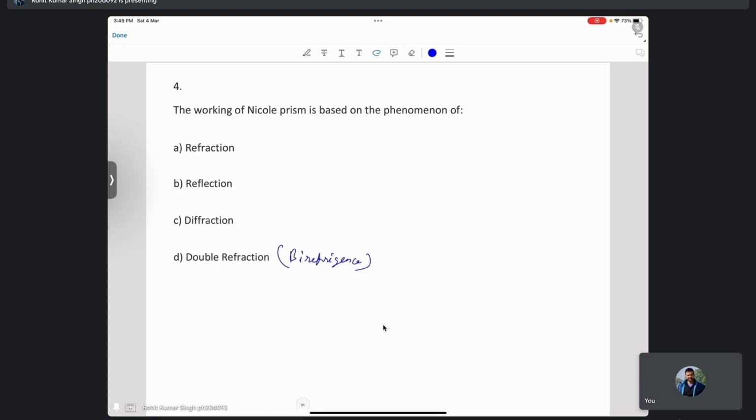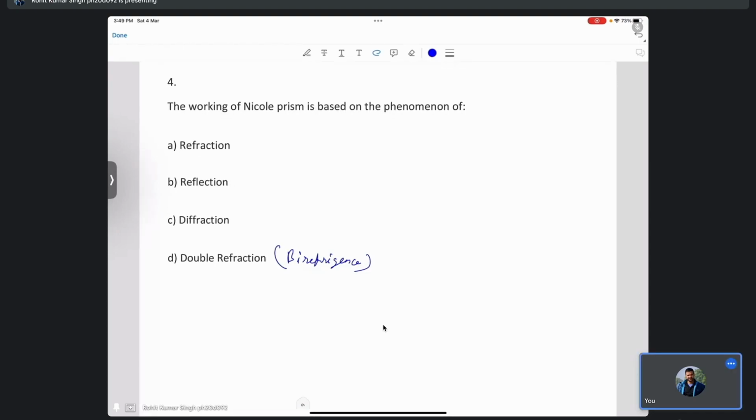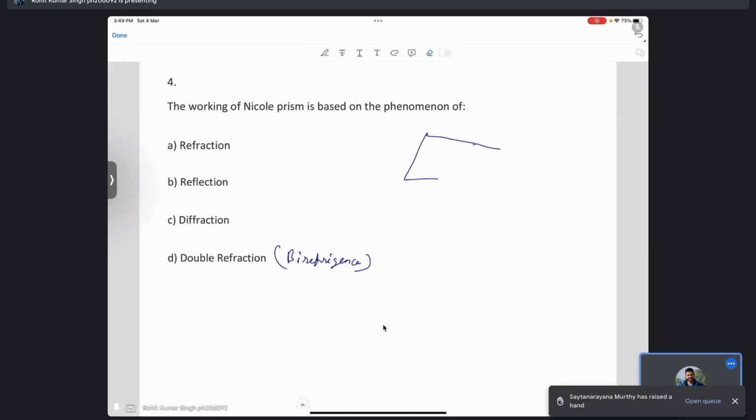Yeah, that's true. So, a Nicol prism is made up of a specific material, calcite or something, I don't remember. It has a shape like a rhombohedron.